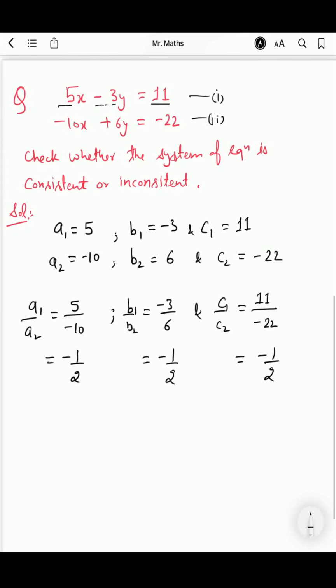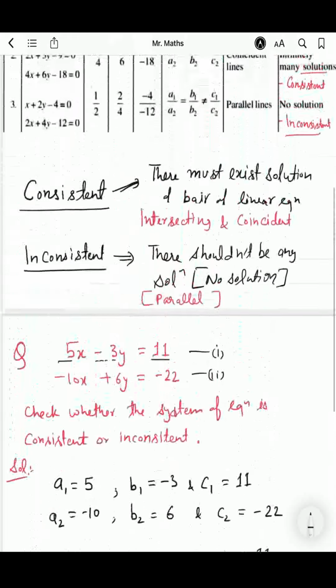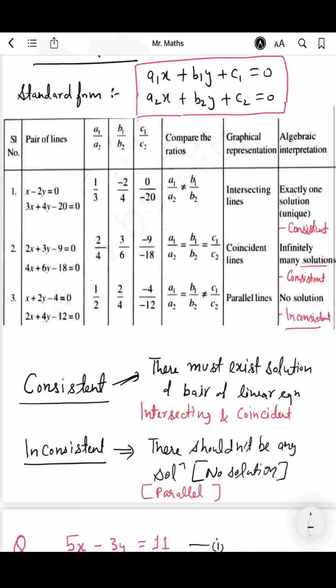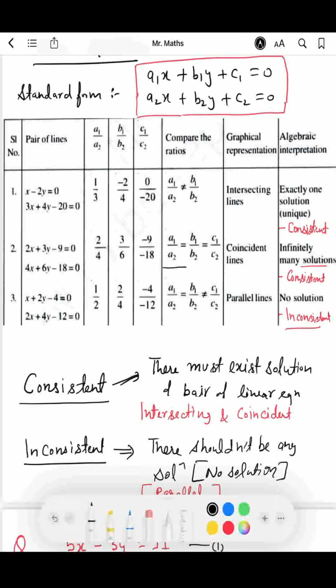Interestingly, A1 upon A2 is equal to B1 upon B2 is equal to C1 upon C2. Just go back to the table and see: when A1 upon A2 equals B1 upon B2 equals C1 upon C2, the lines are said to be coincident and they have infinitely many solutions, hence the system is consistent.